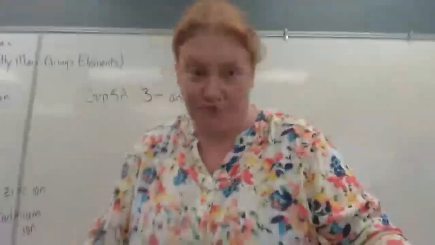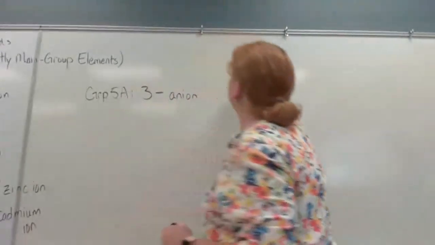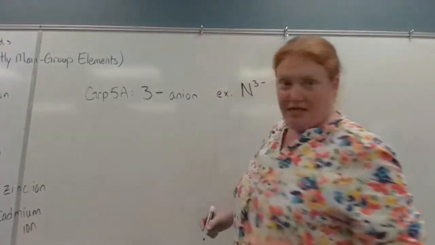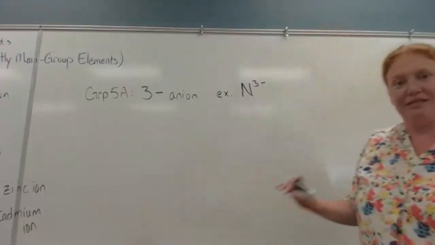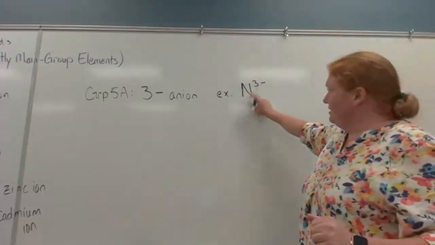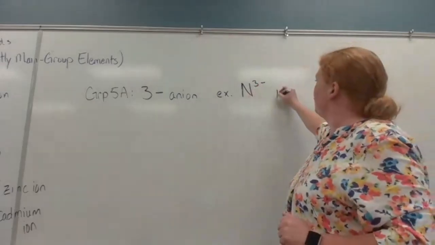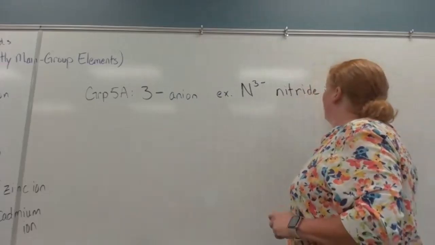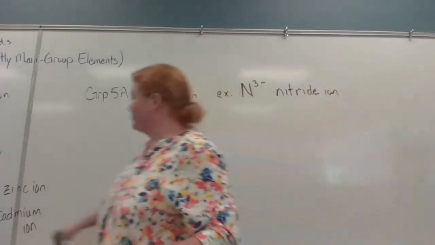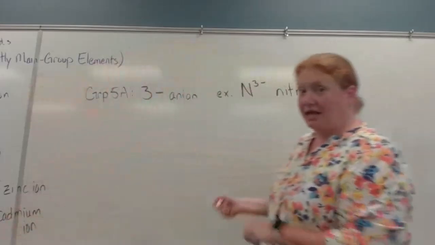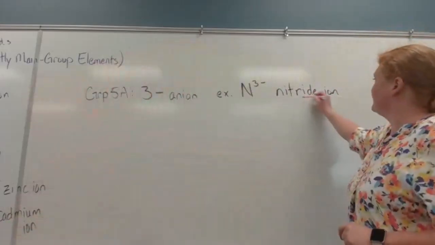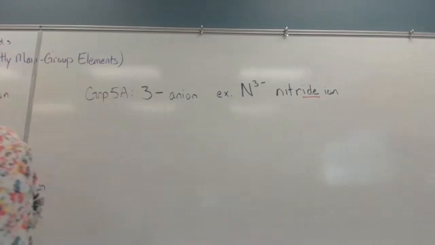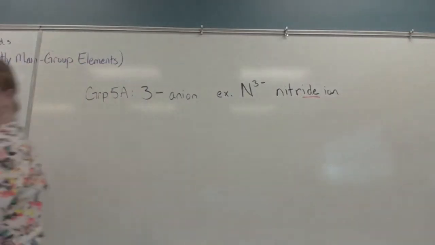So, for example, N3- is no longer just neutral nitrogen atom, it's an ion. N with 3 extra electrons is now called the nitride ion. It is not the nitrogen ion. It is the nitride ion. This is how anion name endings change.